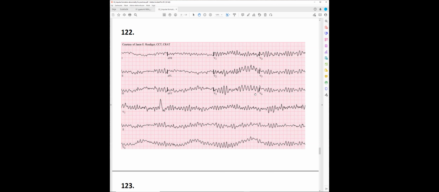Anybody? 0. Yes, because the cardiac output is 0. There is no blood pushed into systemic circulation, so 0. Don't take this trick. I'm a tricky guy.